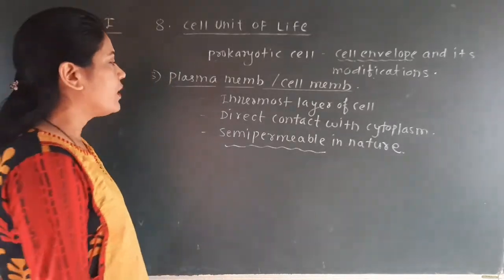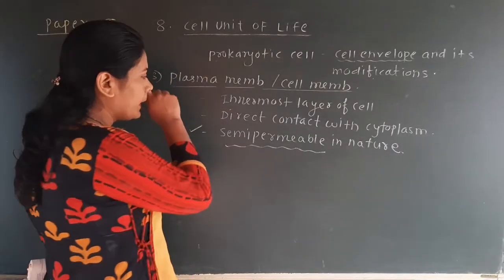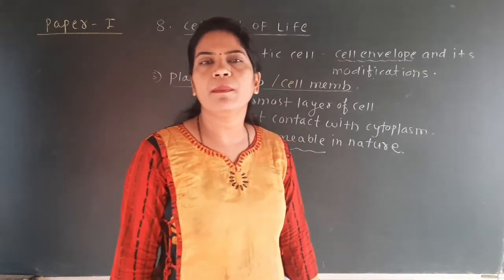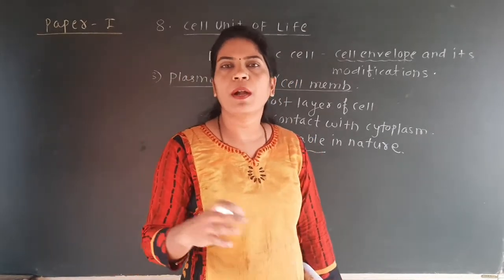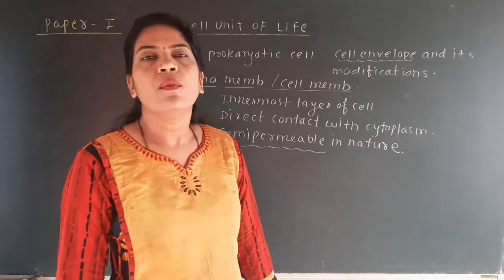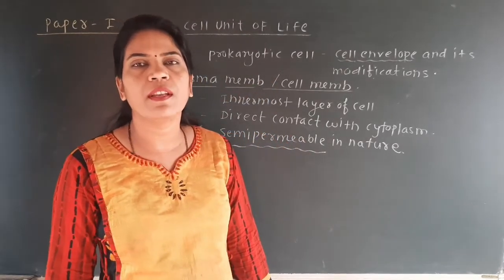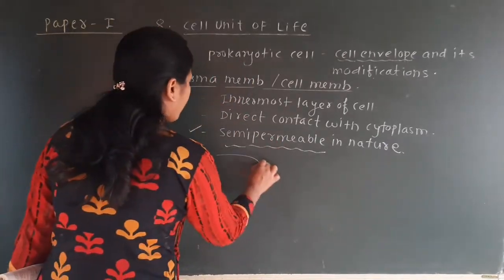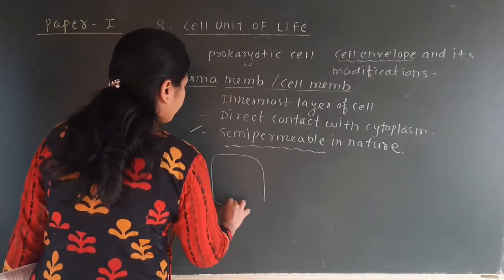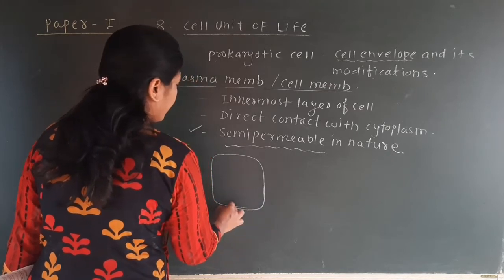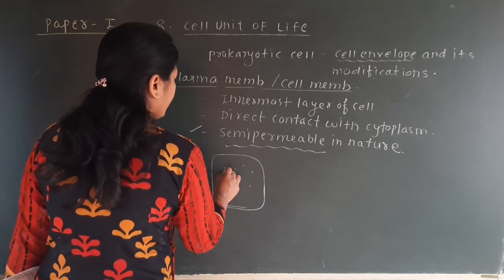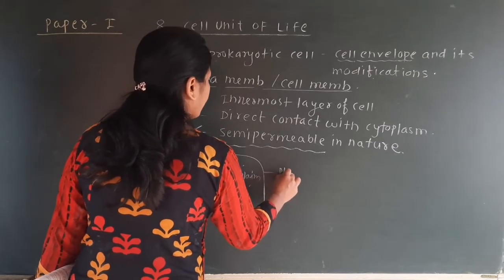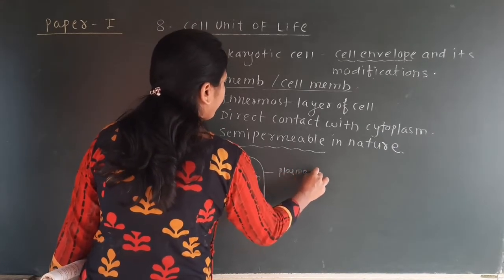But see here, the nature of the plasma membrane is semi-permeable. Semi means half, and permeability means the movement from one part to another. What is the role of this plasma membrane in the prokaryotic cell? Suppose here again we will draw the diagram. This is the cytoplasm and this is the plasma membrane.